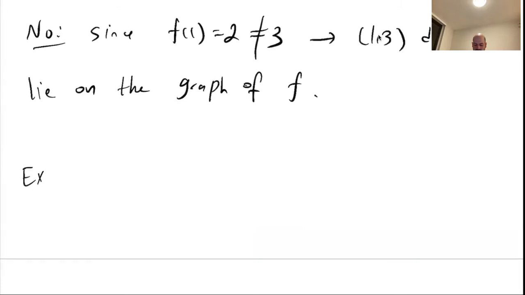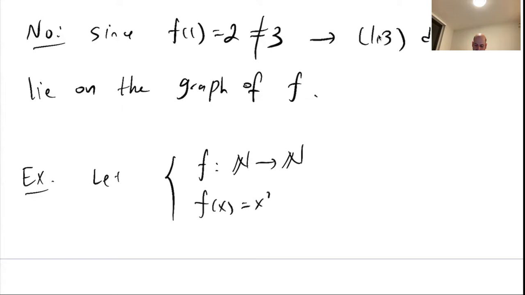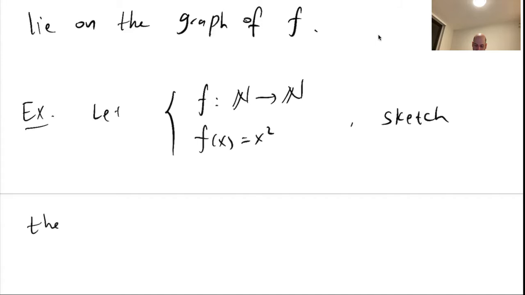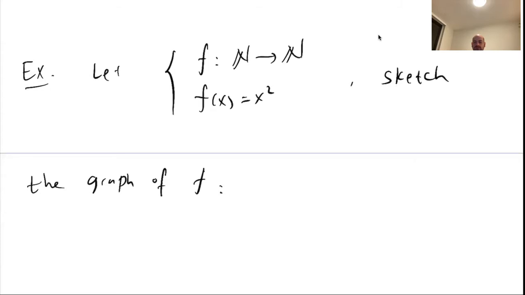Okay, another example. Let's say f from N to N, let's say f of x equals x squared. Sketch the graph of f. So what is graph of f in this case?